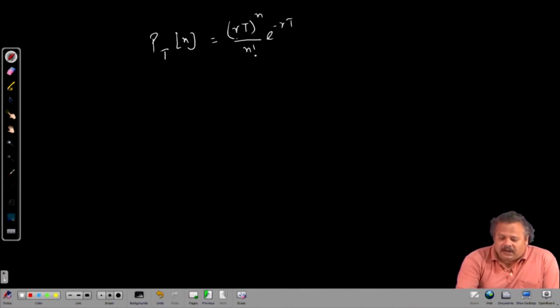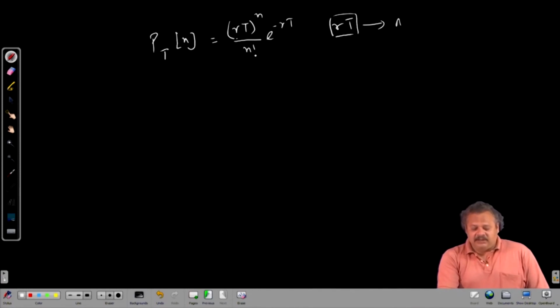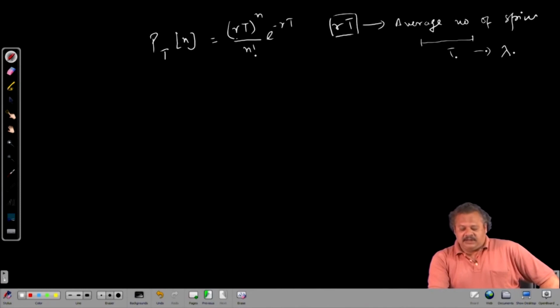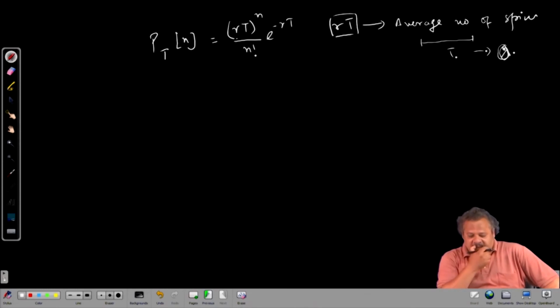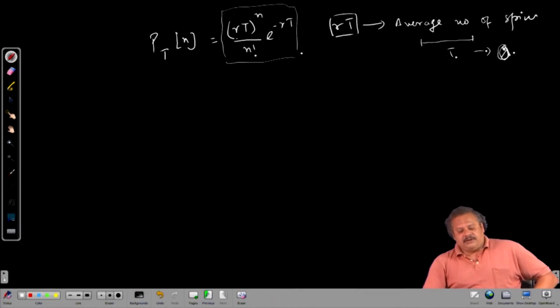Now note that rT is nothing but the average number of spikes occurring in the window capital T, or in fact it is the rate times the time window, and can be replaced by some spike count in that capital time window, and this basically represents the Poisson distribution.